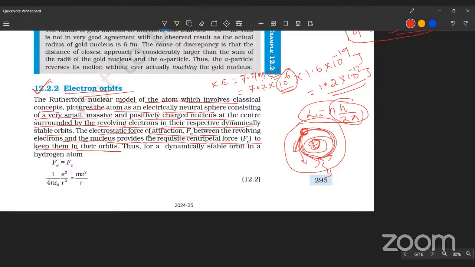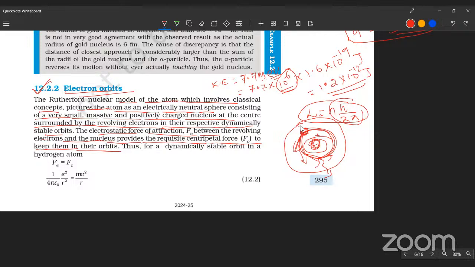So the Coulombic force comes into the picture. People wanted a description of the atomic model in which the electron is not falling but revolving in a stable orbit. So they proposed that the electrostatic attraction, that is the Coulombic attraction between the electron and the nucleus, is equal to the centripetal force.